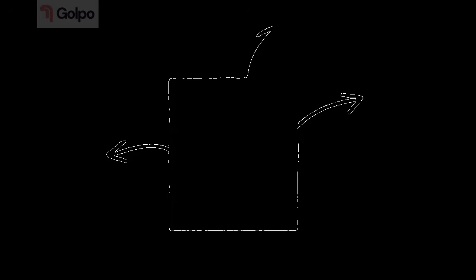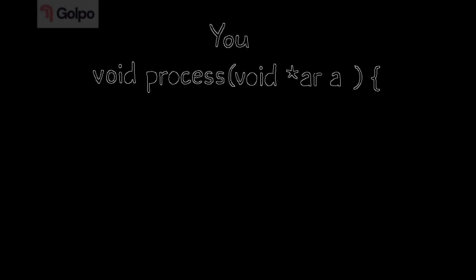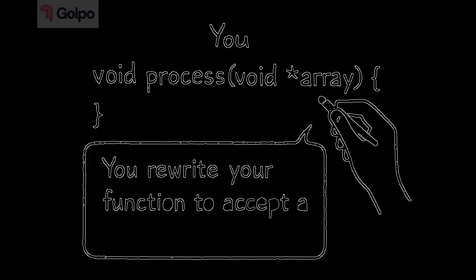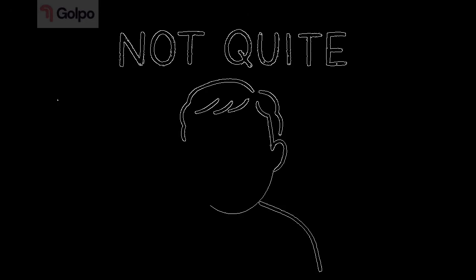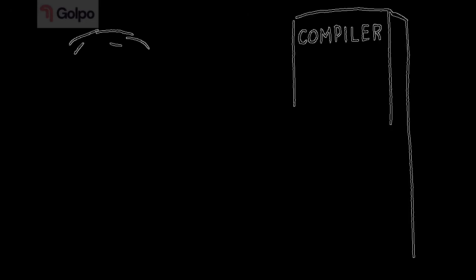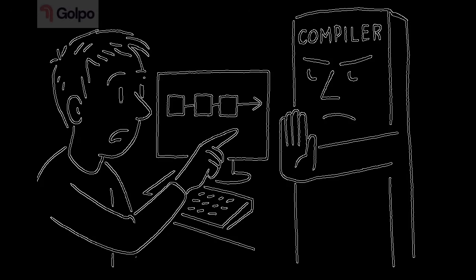The obvious first step is C's generic pointer, the void pointer, a pointer to, well, anything. You rewrite your function to accept a void pointer array. Problem solved? Not quite. When you try to find the last element using pointer arithmetic, the compiler stops you cold.